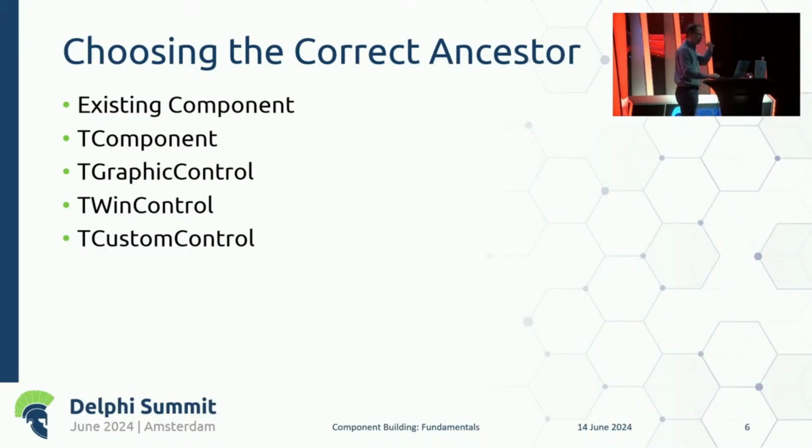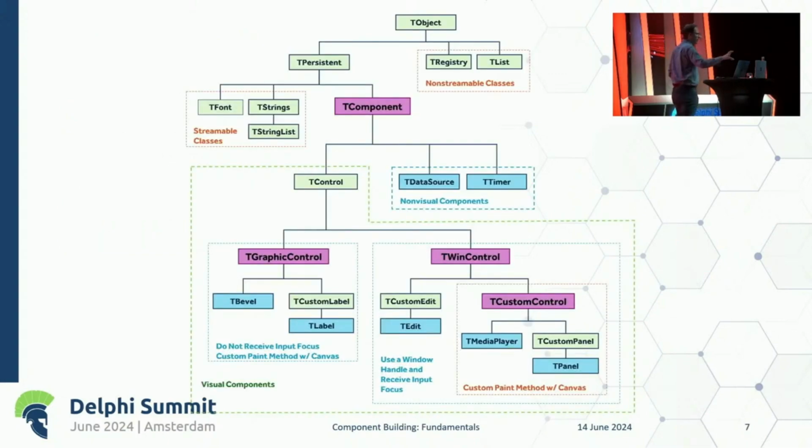These are the core ones that we're going to base our decisions off of, and we'll look at each one. Here's the hierarchy. Well, not the whole hierarchy, but a fraction of it, highlighting the main classes we want to be aware of. Everything descends from TObject in Delphi. And we have TPersistent. That allows it to be streamed, stored to a DFM file or a component stream.